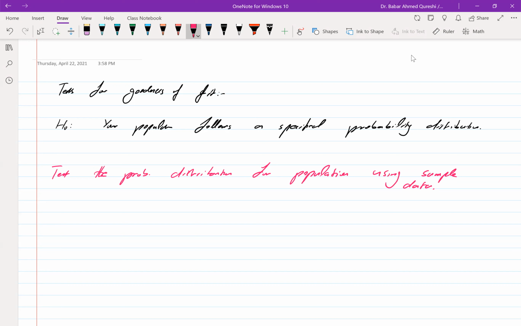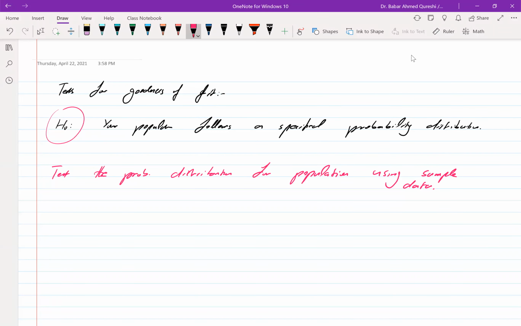In other words, you want to see how good your sample is following the probability distribution curve. And if it's close enough to it, then you accept it. If it's veering far away from it, then you will have evidence to reject it.